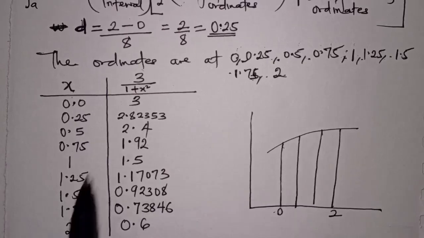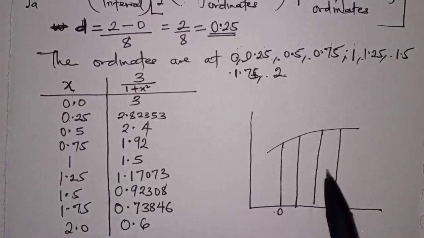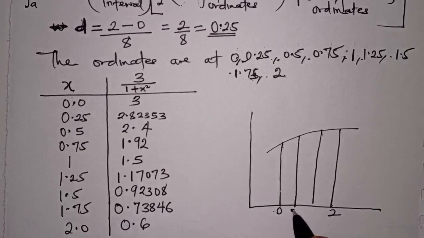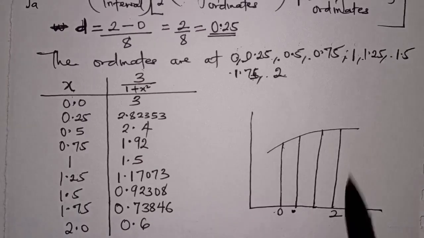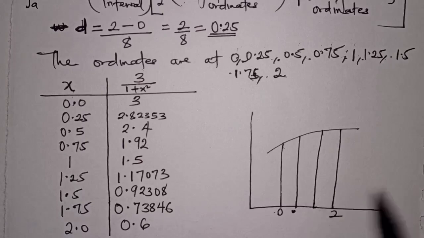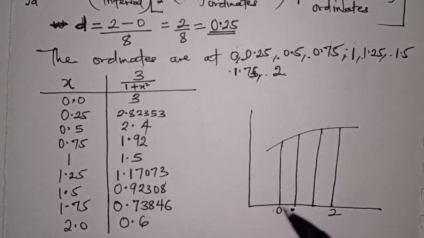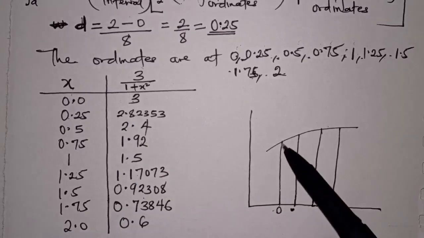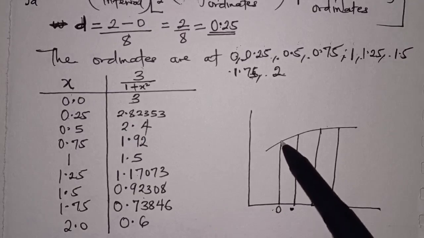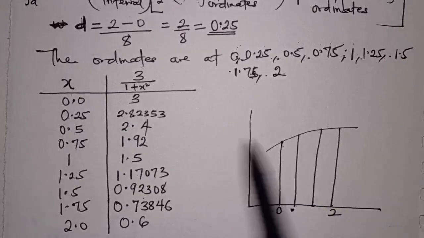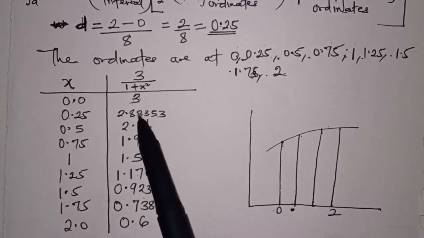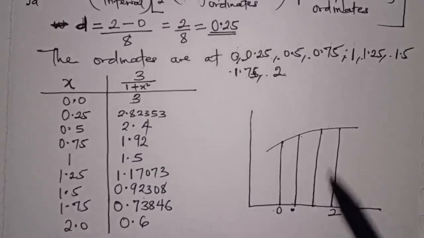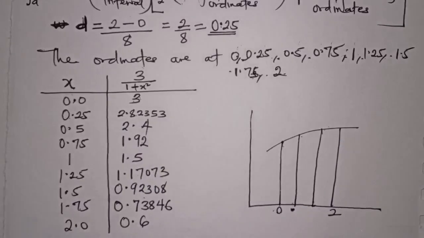This point will be 0.25 here, this point will be 0.5, and so on until I get to 2. This is just a rough sketch. Each of these values you are seeing here is the distance from the x-axis to this point on the curve. From here to here is 3, from here to here is 2.82353, and so on.